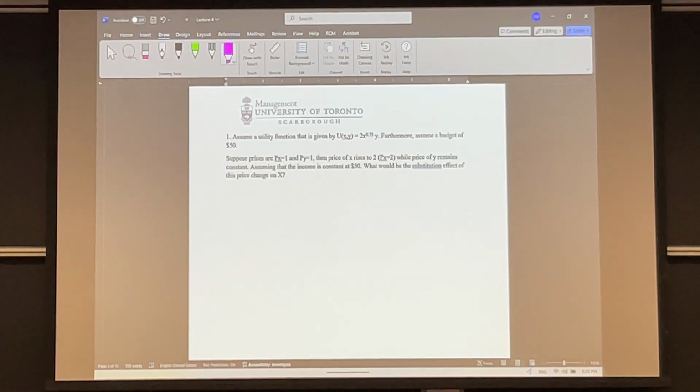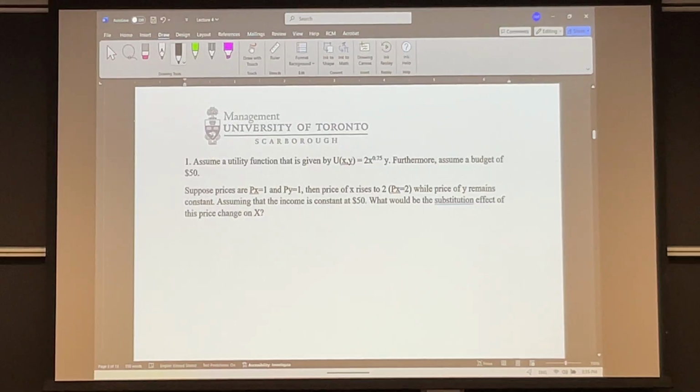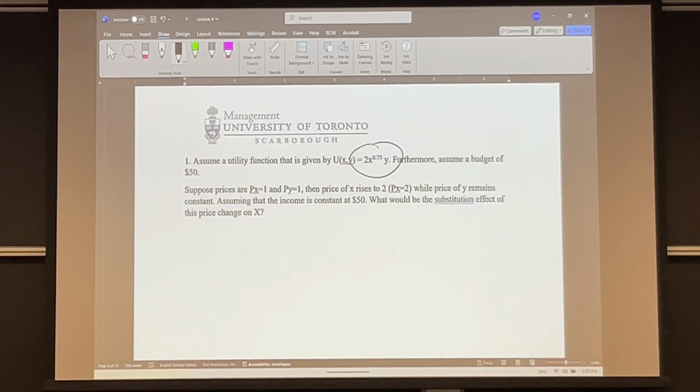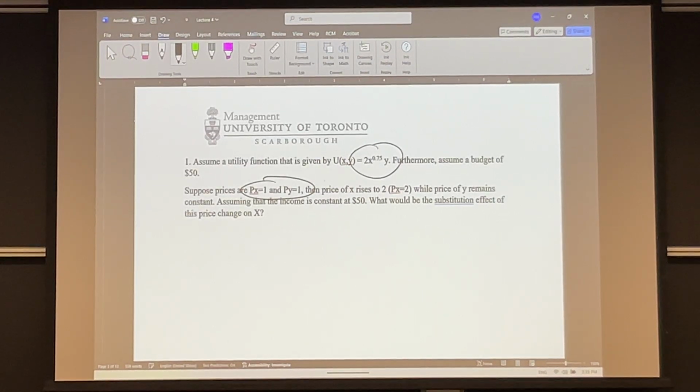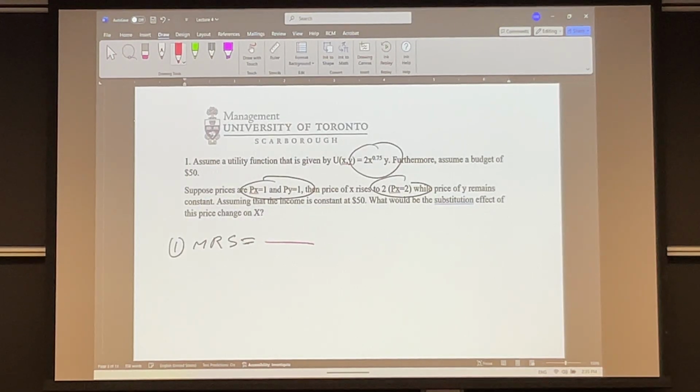Okay, question 1. We're on lecture number 3. That's the utility function. We want to find the income and substitution effects for these prices. For that, we need the demand, because that allows us to calculate the initial bundle and terminal bundle. What's the MRS?